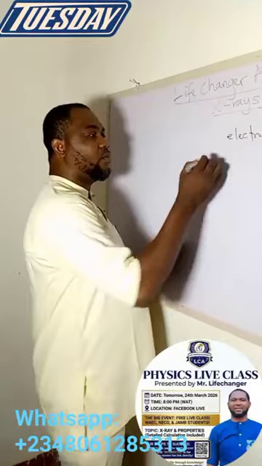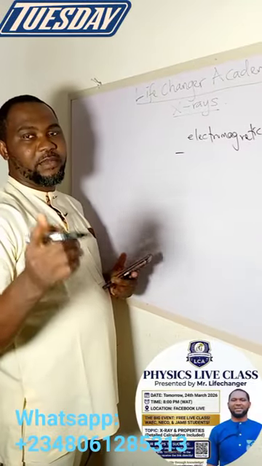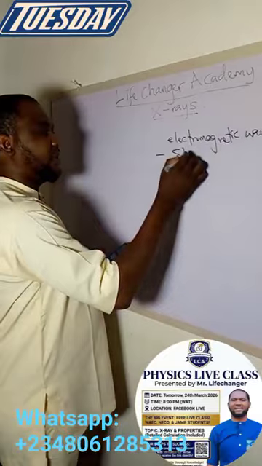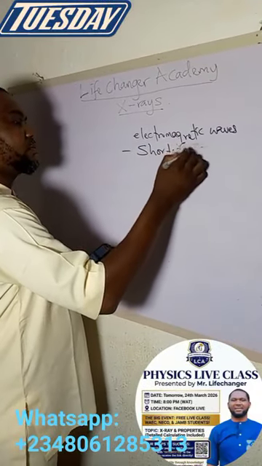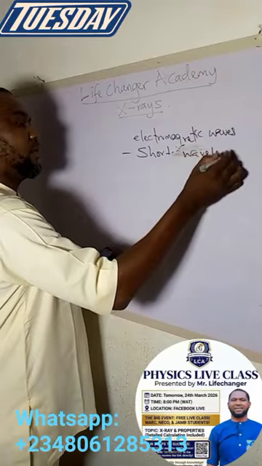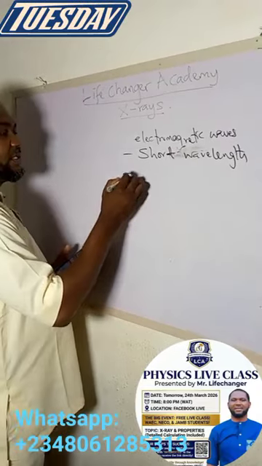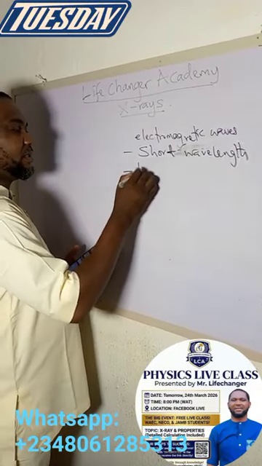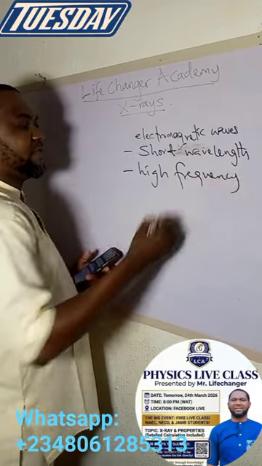Now, with the following characteristics. The first thing I want you to note about an X-ray is that it has a very short wavelength. Number 2, it has a very high frequency.